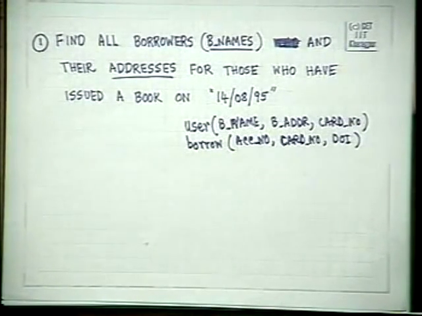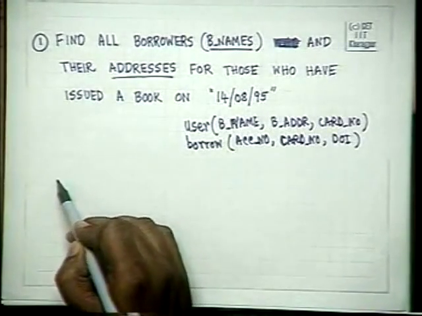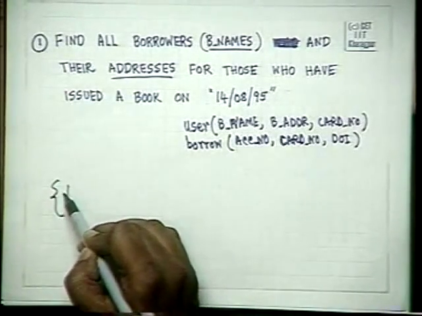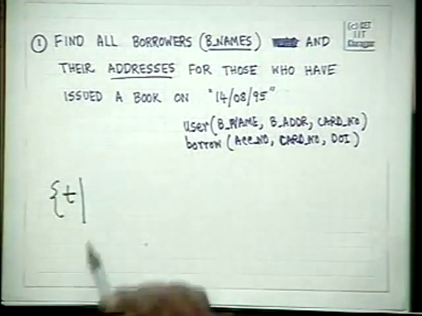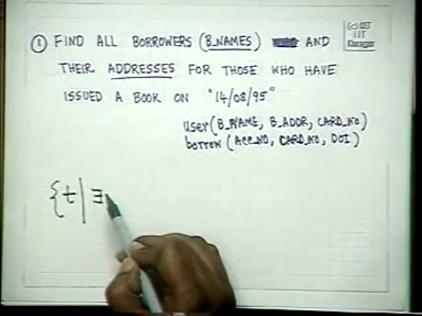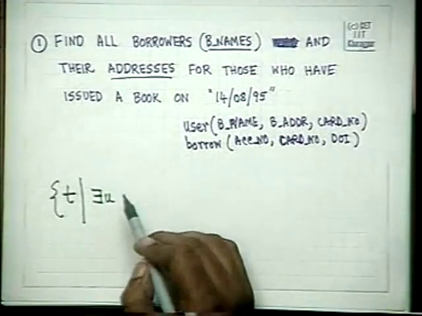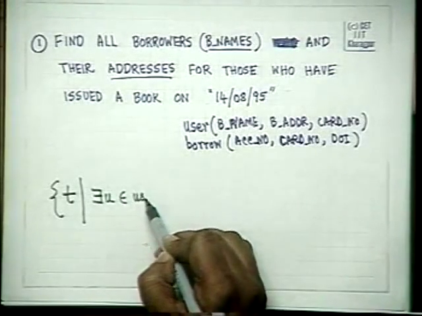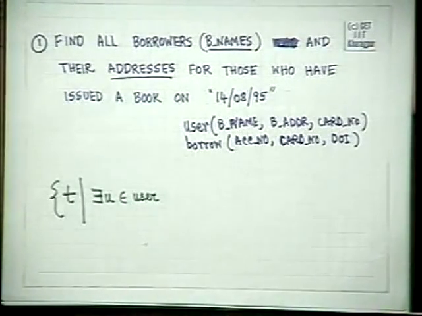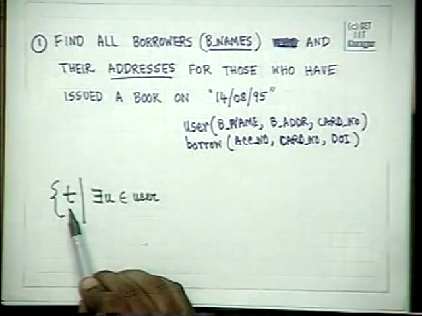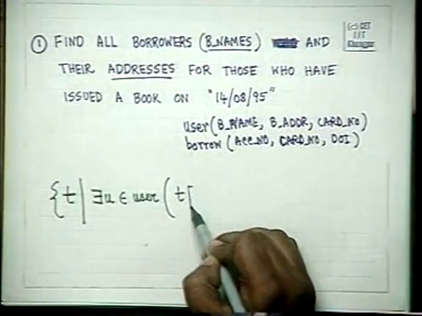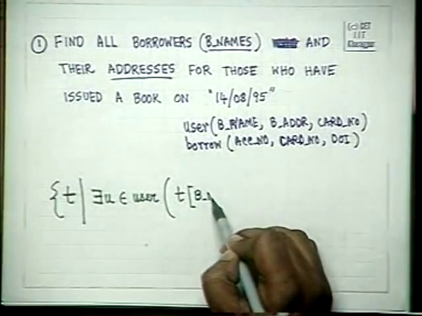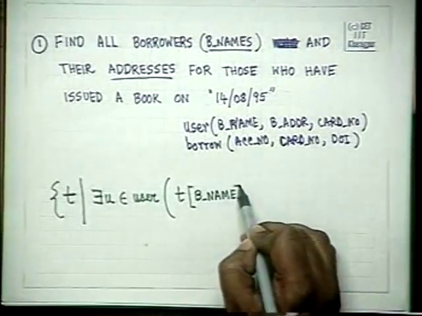So now we will see an example where we use both of them. I will slowly develop this expression. We want to find out those tuples T such that for every tuple in T there will exist some U element of user such that T of, we want the name and addresses in T, so T will contain name and addresses only.